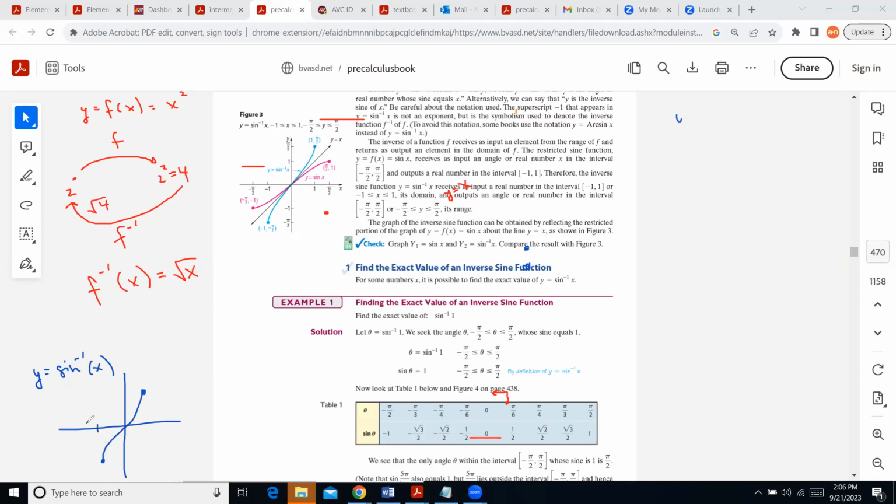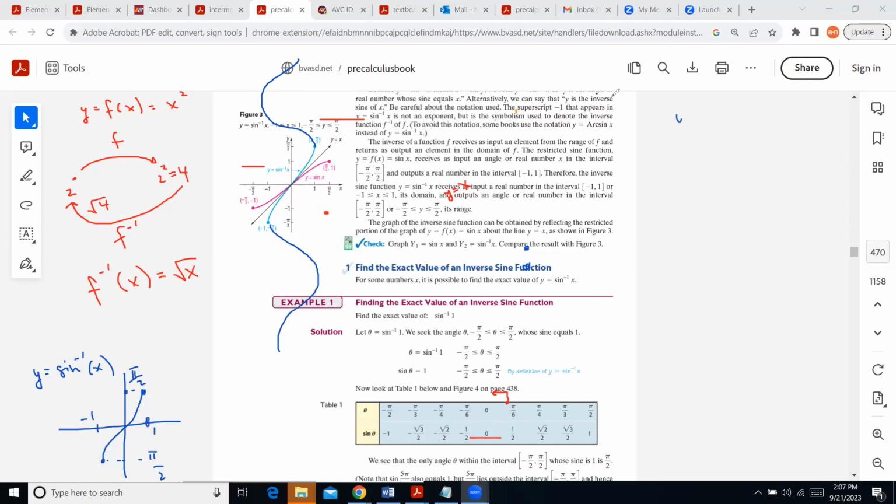And that point has coordinates -1 and -π/2. And it ends at the point with coordinates 1 and +π/2. Otherwise, if you take more of the graph, then it's no longer going to be a function. That's why we cut it at that portion.